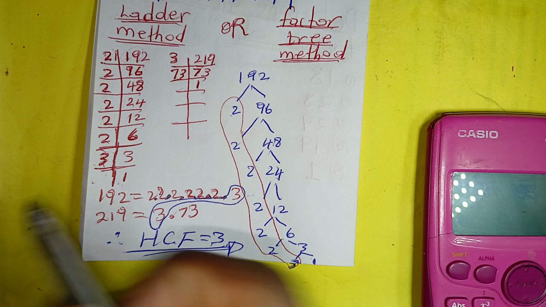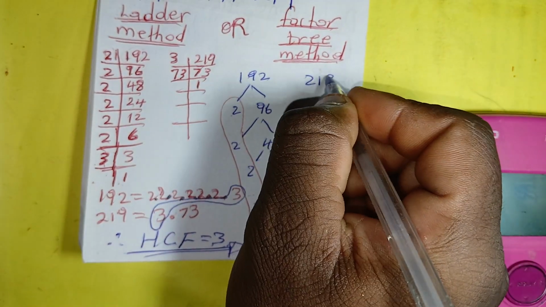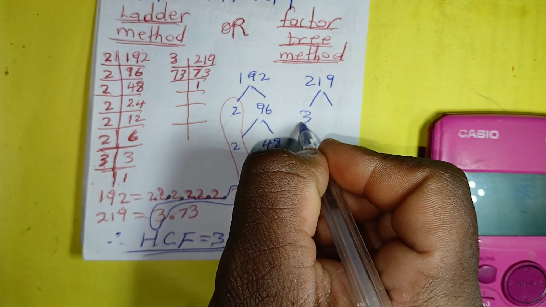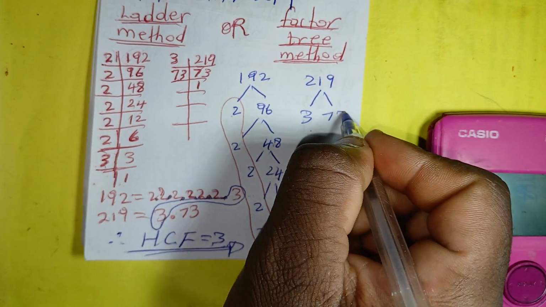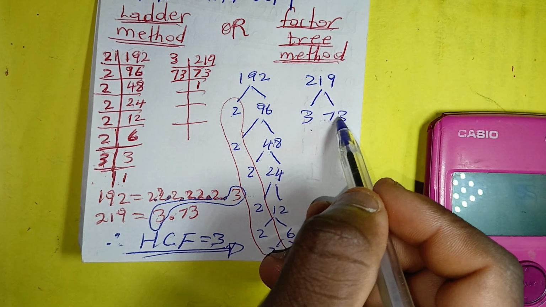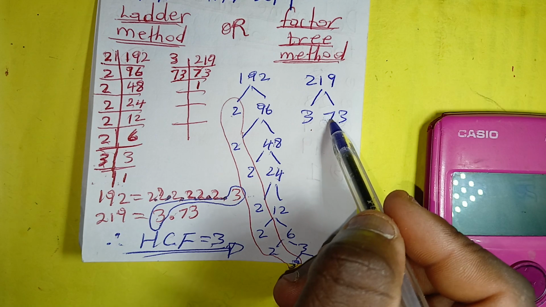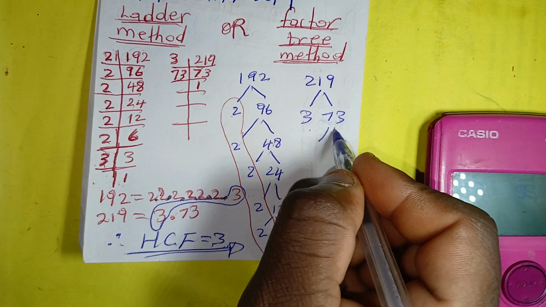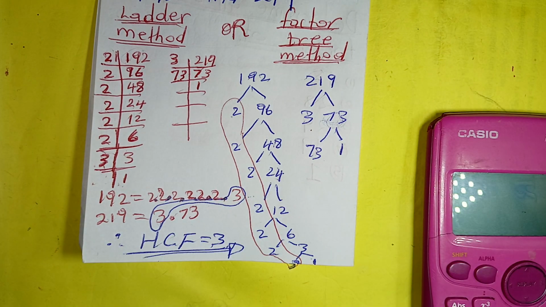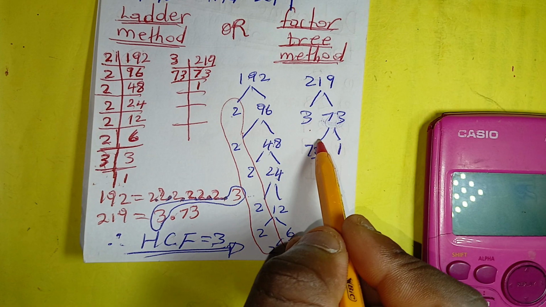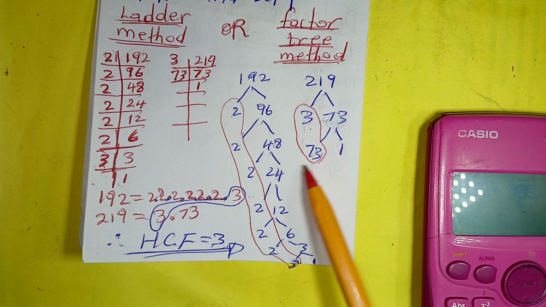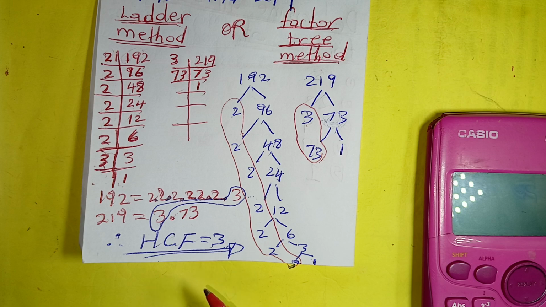And also for the other number, 2 can't divide here. You start by 3, divide here, it's 73. Even though we have tried all the numbers here, we can't divide them into 73, so we just go on with 73, divide here, it's 1, meaning now our prime factors are these ones. So we compare our prime factors, these and these, to see which is common.